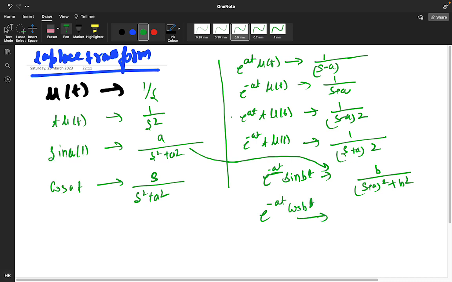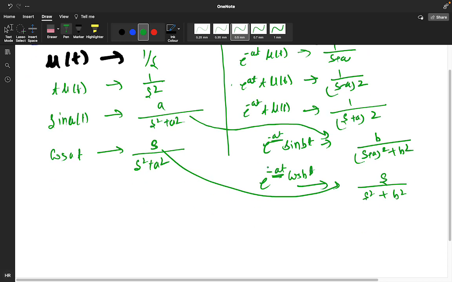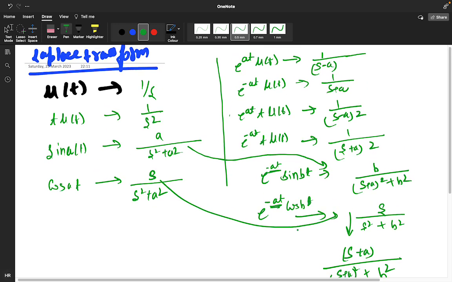So what will be the answer? Original function is this, but s square plus b square, s should come, but here delay function is there. Because of that delay function, it will be s plus a divided by (s plus a) the whole square plus b square. Priyanka, understood this formula?